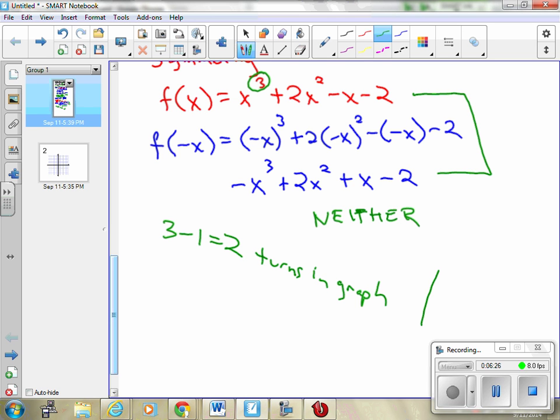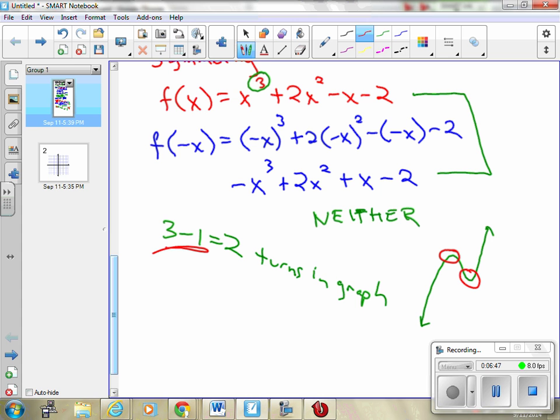Based on the end behavior, we're probably going to see something along the lines of this, because we know it falls to the left, it rises to the right. We're going to have our x-intercepts and our y-intercepts in there, but we know it's going to take 2 turns. And the 2 turns I'm talking about are, that's a turn, and that's a turn. And that's what this little thing tells us.